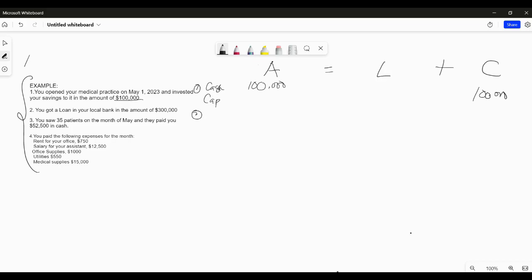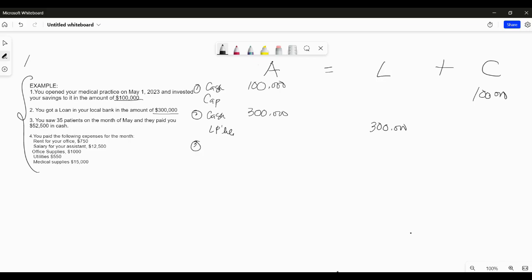Next, you got a loan from your local bank in the amount of 300,000. So once you receive the proceeds, we will debit cash of 300,000 and credit loans payable of 300,000.